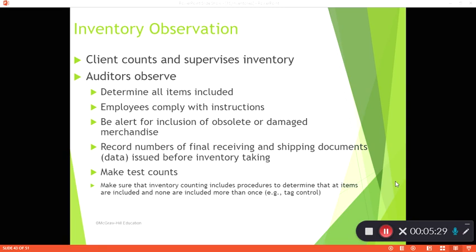The auditors will do some test counts as part of the inventory. The client will count the inventory themselves, and then the auditors will come behind.